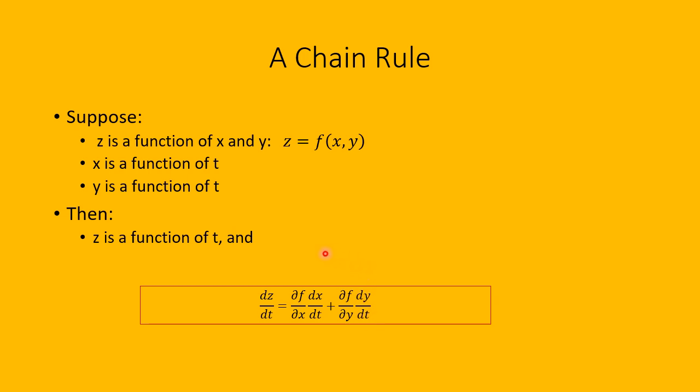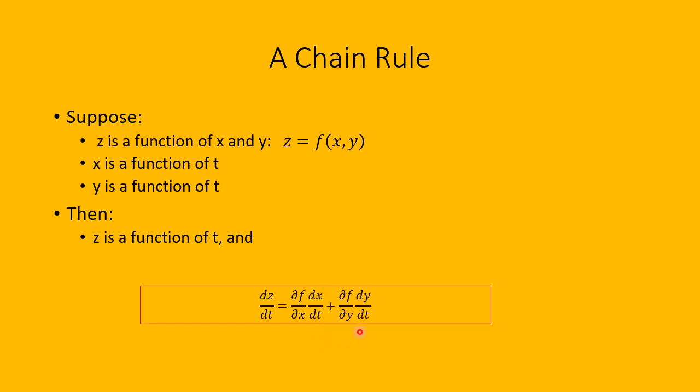Now let's look at this a little bit more carefully. We're thinking of z as a function of just one variable t here, and so this is the ordinary Calc 1 derivative of a function of one variable. X is a function of one variable t, and y is also a function of one variable t.